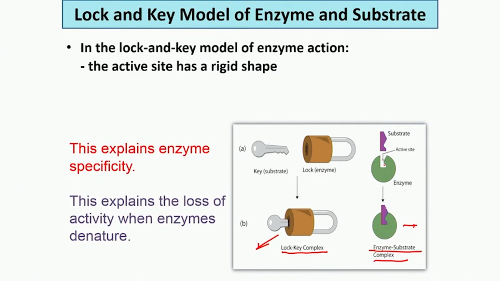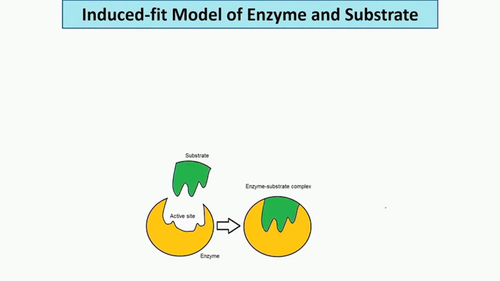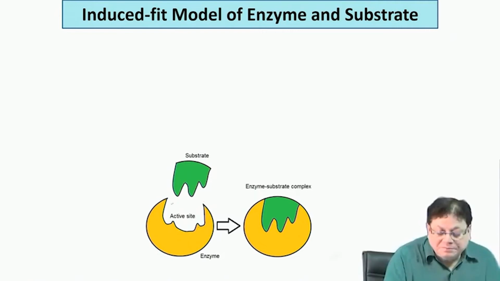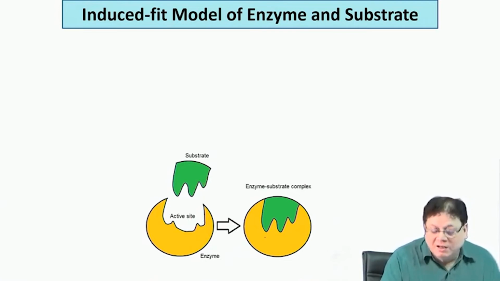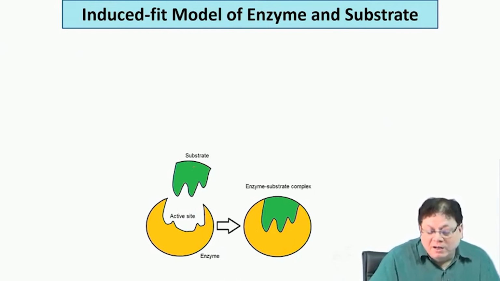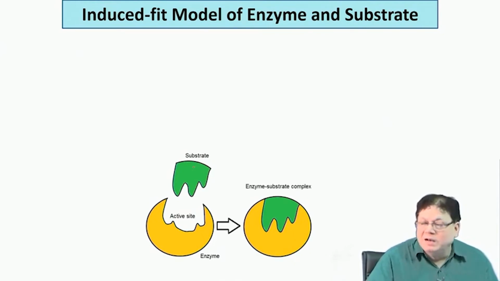Okay. Now, sometimes, or actually frequently, it is found that this active site may not be perfectly complementary to the substrate initially. Like we all have different body weights and different dimensions.